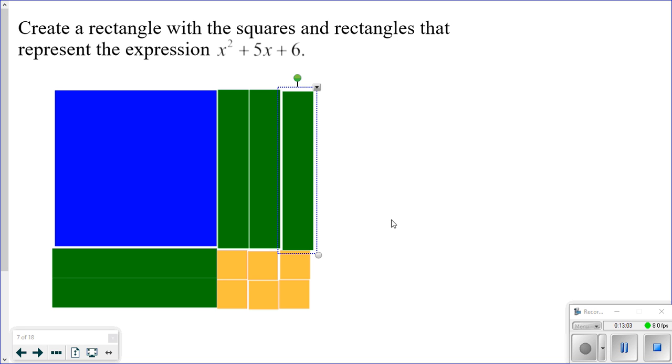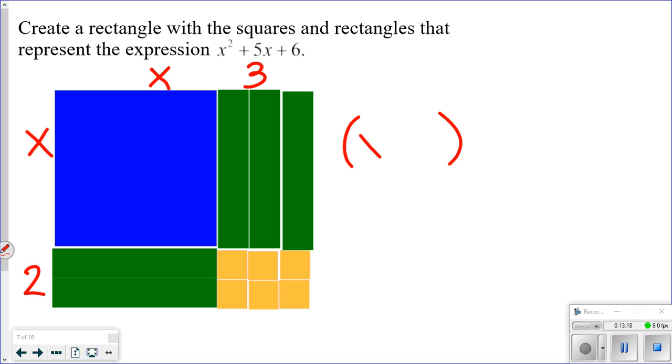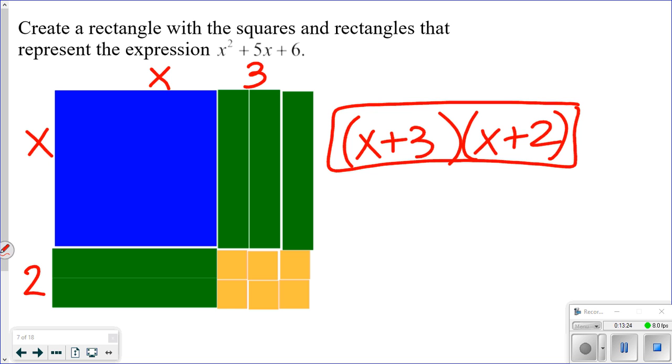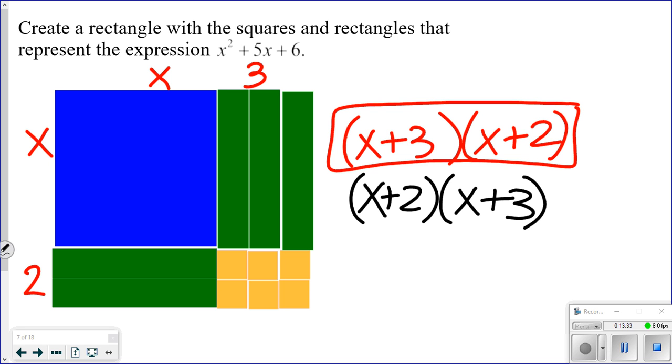So let's see what our 2 answers are. X, and how many do we have here? Positive 3. X, and how many do we have here? Positive 2. So my 2 answers are x plus 3 and x plus 2. And I want to emphasize that the order doesn't matter here. If you choose to write x plus 2 first and then x plus 3, you're good.